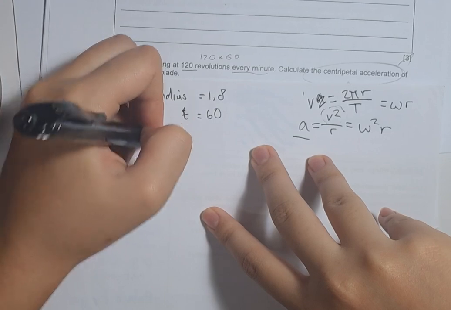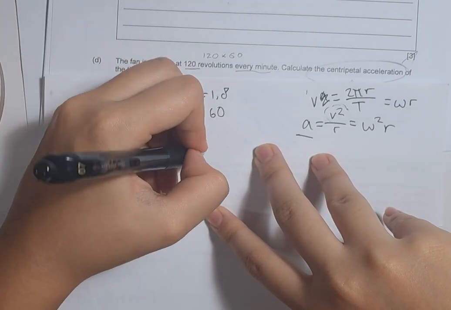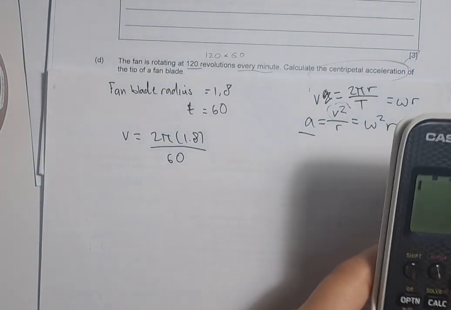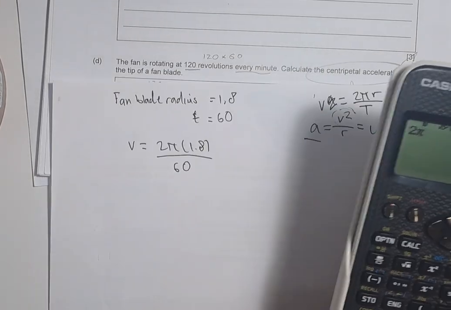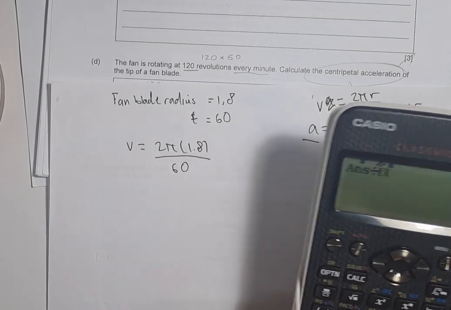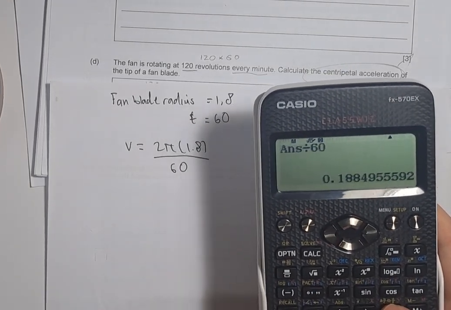So v will equal 2 pi times 1.8 divided by 60, which is this tiny number.